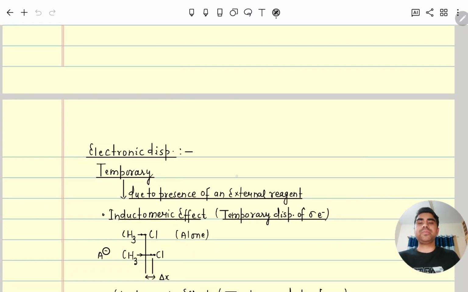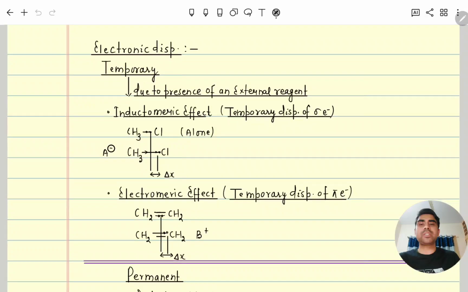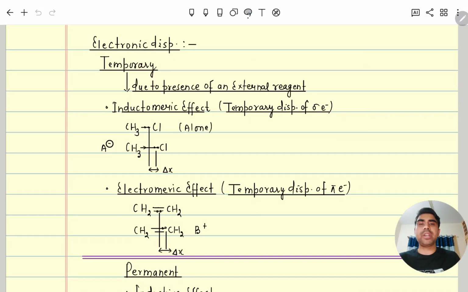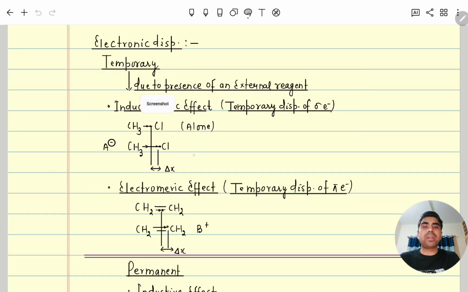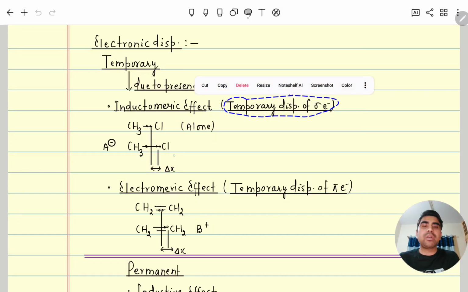Now we will discuss electron displacement, how electrons get displaced in organic compounds. First we will discuss temporary displacement. Temporary displacement happens due to an external reagent or external factor. The first one is the inductomeric effect. In this, the sigma electron is displaced temporarily, for the time being.